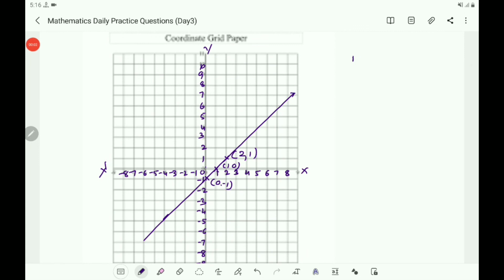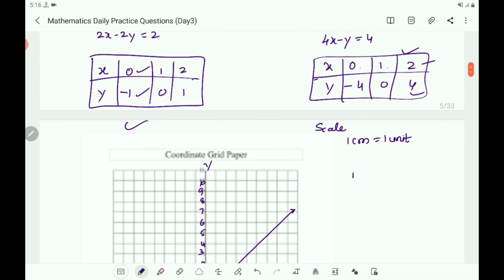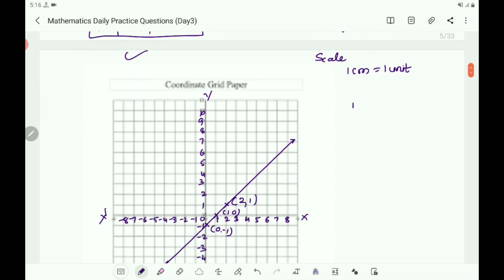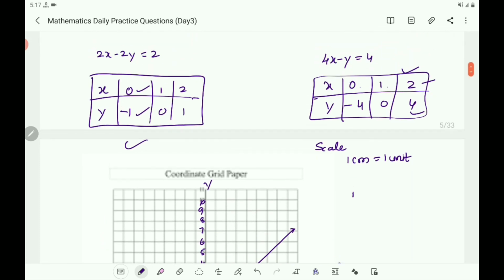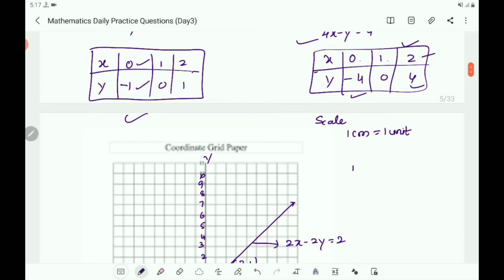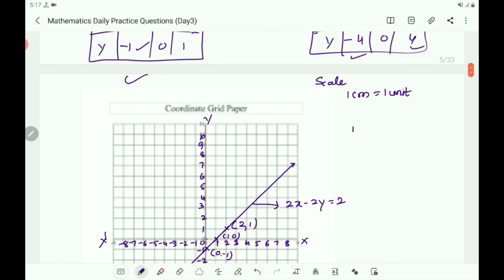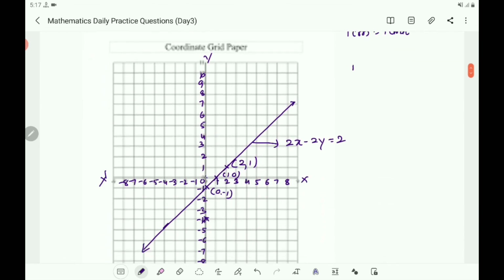This is the line of the graph 2x minus 2y equals 2. So write 2x minus 2y equals 2. Now take 4x minus y equals 4 and mark the points. First one (0, minus 4). So 0 is here, minus 4 comes down. Then the second point (1, 0) comes here.